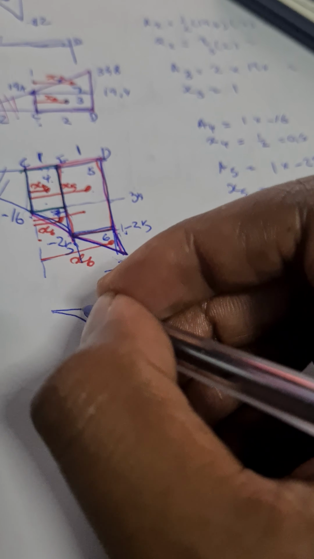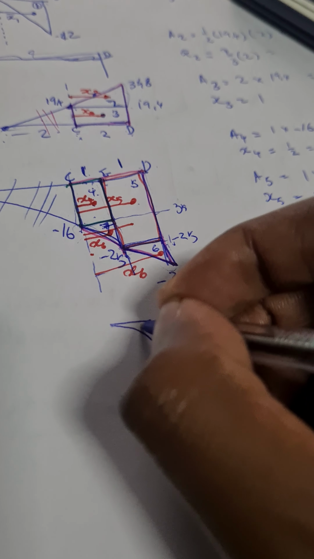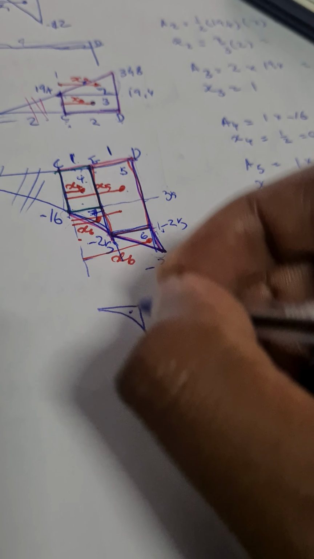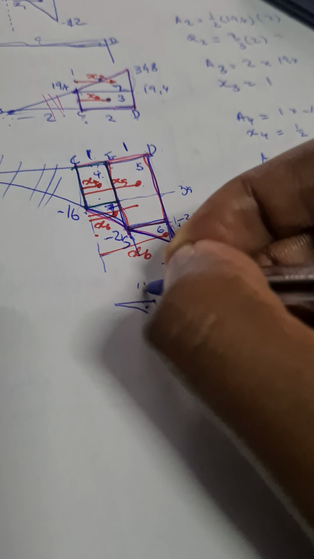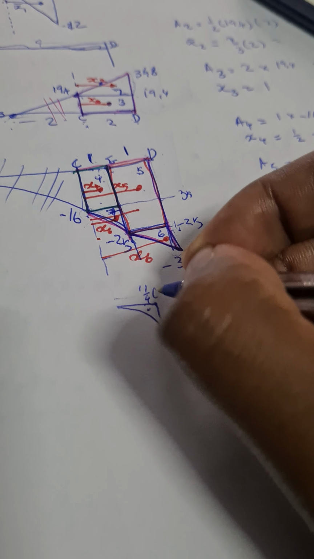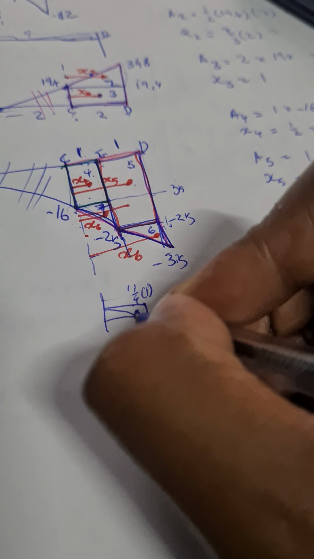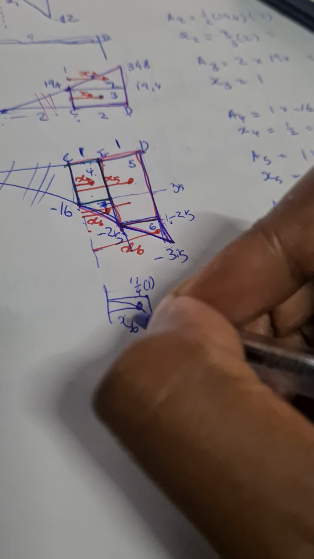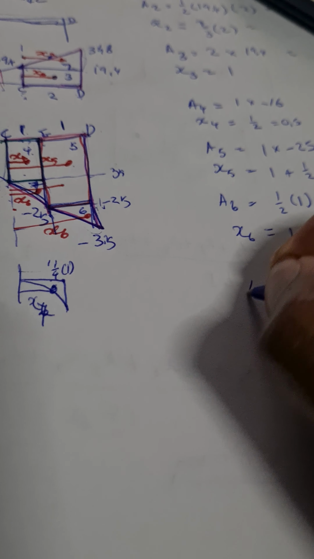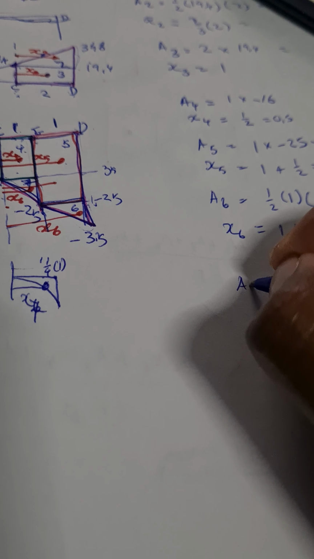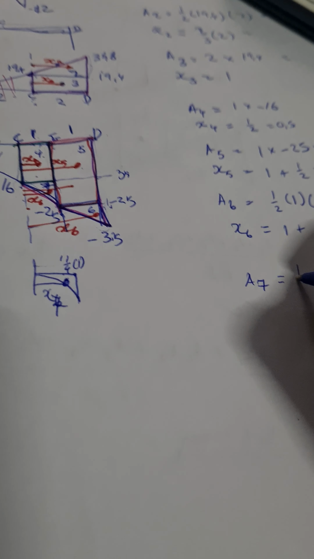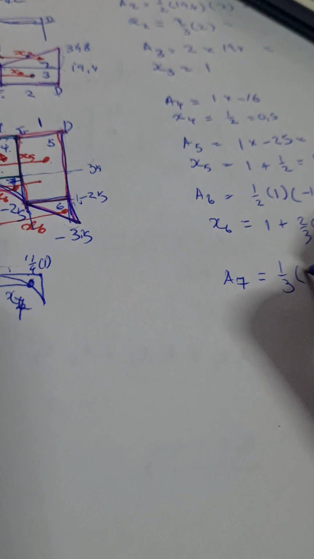Then lastly, we have this small one now. You have a curve, remember? So this curve is consistent. So you can assume the distance from here to here is 1 over 4 of this base. So from here to here is your x7. So area 7 is equal to 1 over 3 times, what is my base? 1.